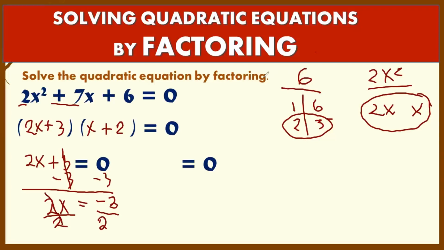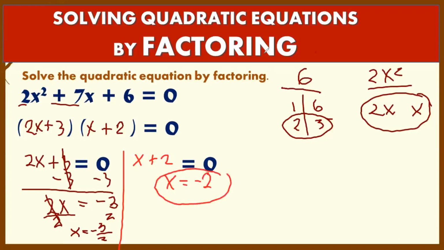So you have 2 divided by 2 is x. x now is equal to negative 3/2. Find your x sub 2, so that is x equals negative 2. Okay, so your x sub 1 is negative 3/2, your x sub 2 is negative 2.